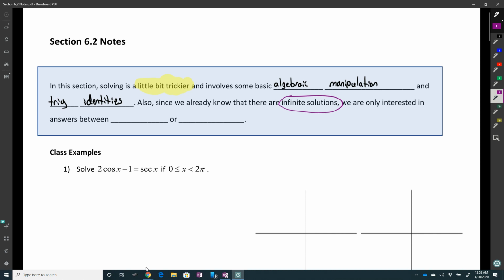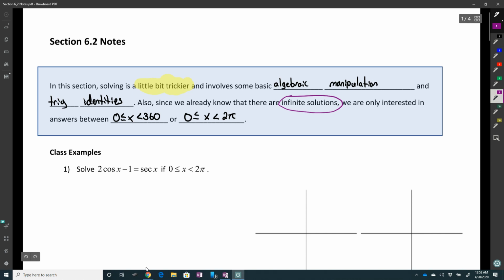in this section they kind of drop the whole 360k or 2 pi k, and they only want answers between 0 and 360, or 0 and 2 pi. So that makes it a little bit easier in this section.